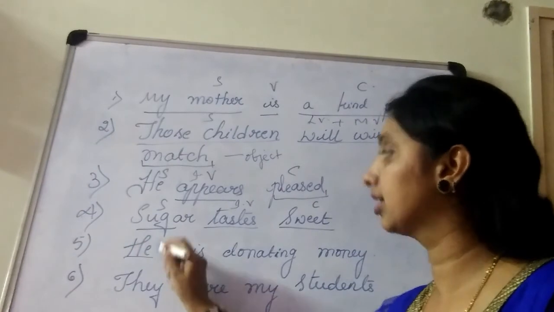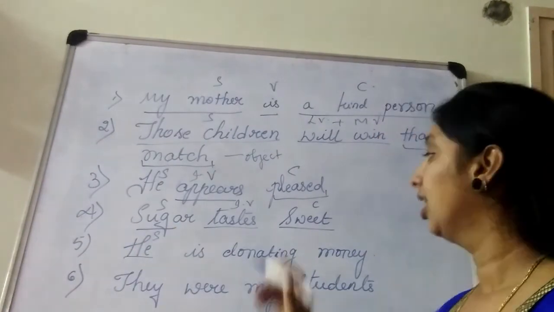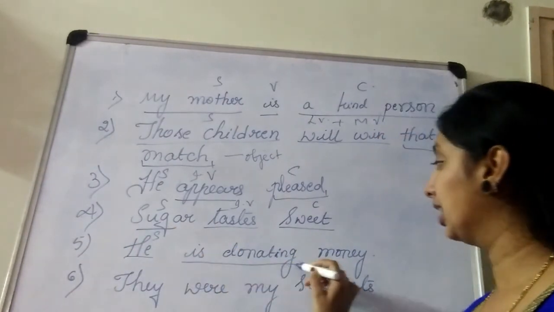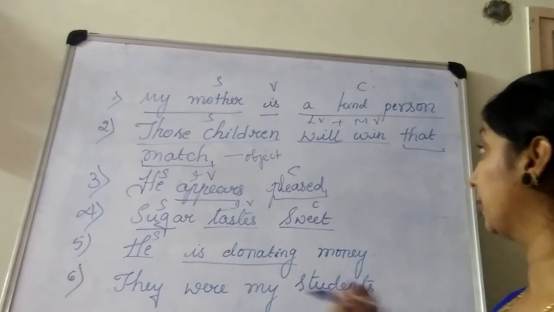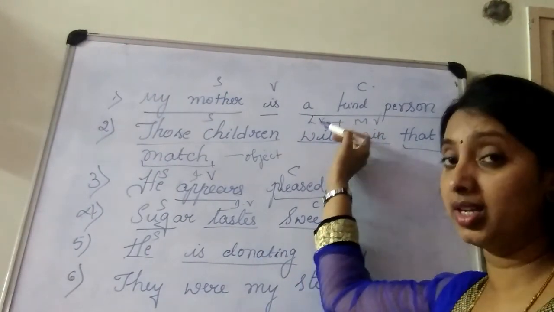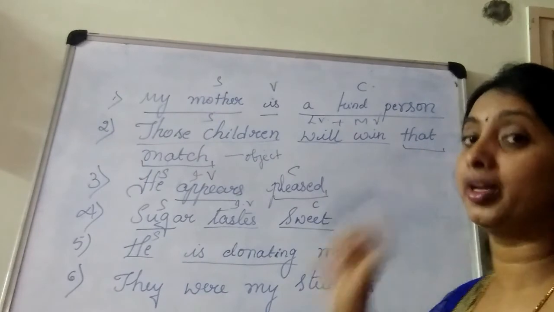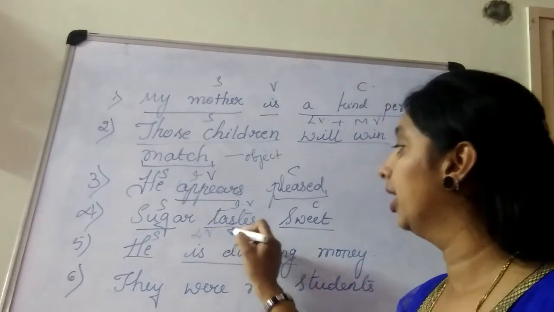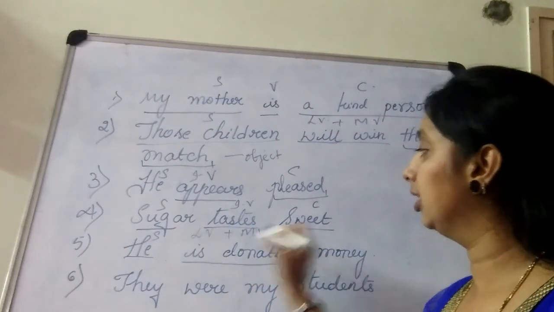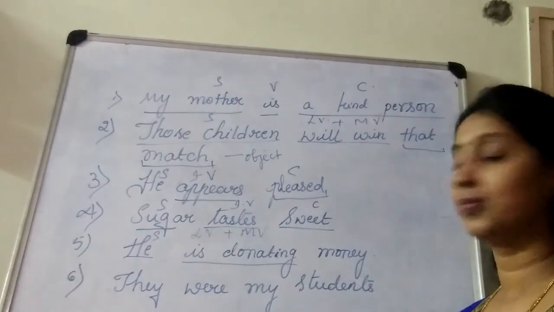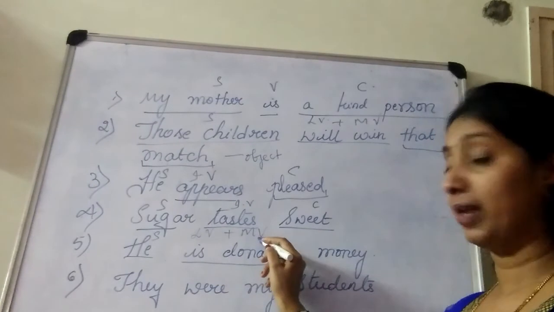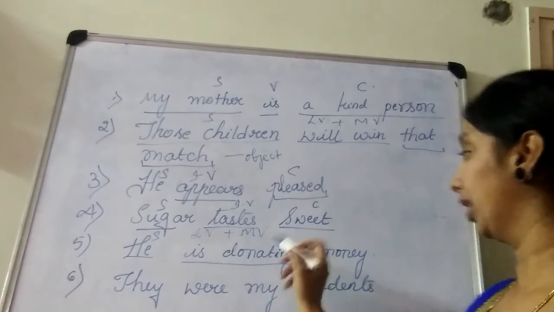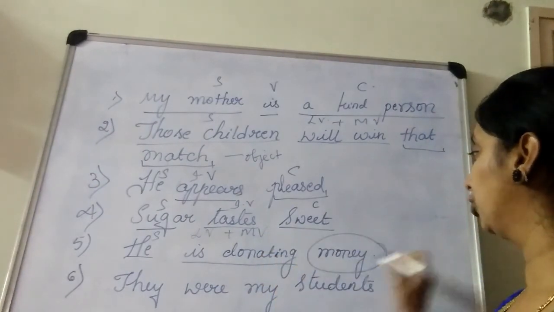He is a subject. Is donating. So do you remember the second sentence? We have a linking verb and the main verb in the same sentence. So here also we have the linking verb and the main verb in the same sentence. So whenever linking verb and main verb are together, then we can say this is an object, correct?